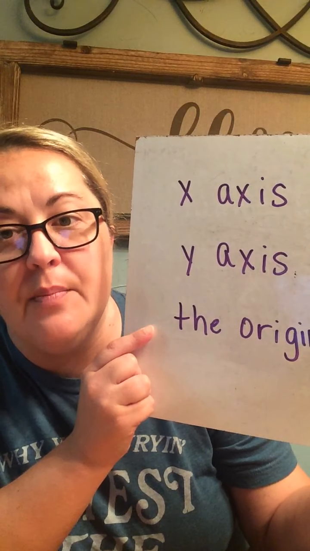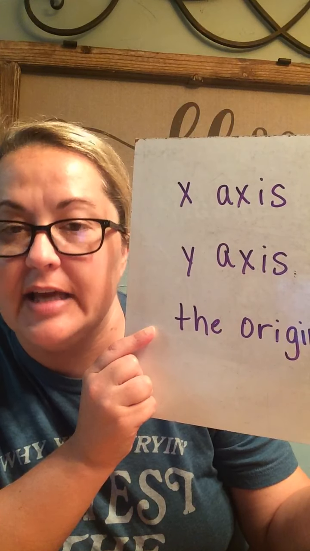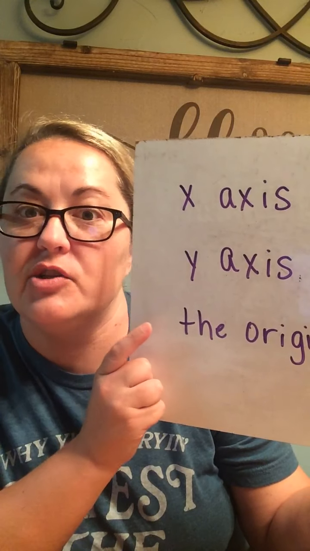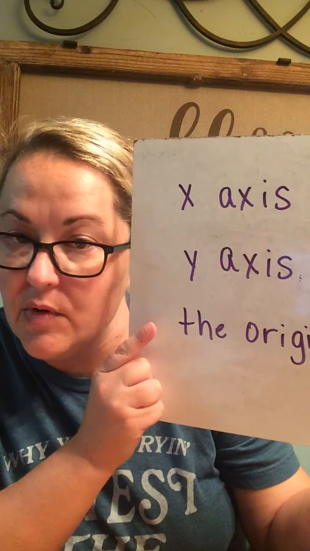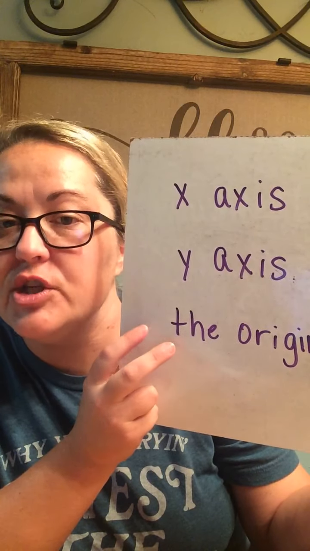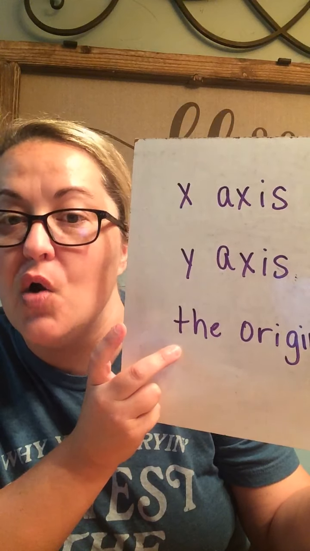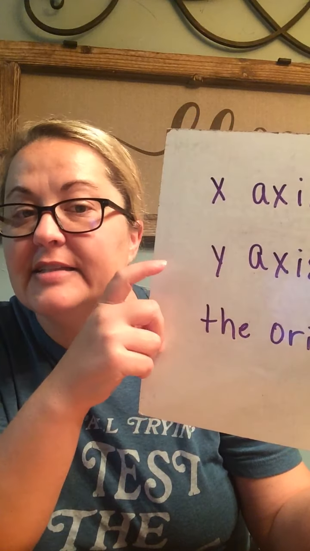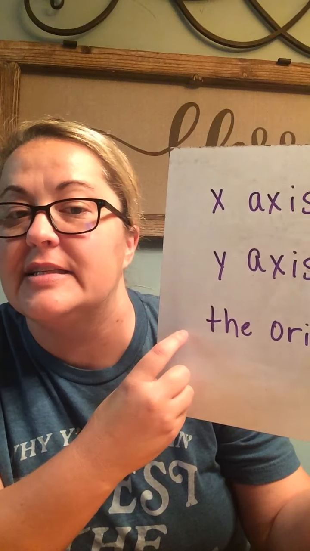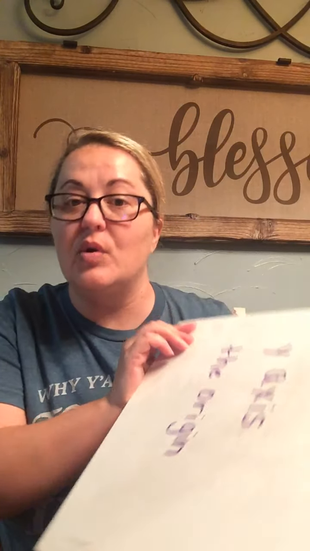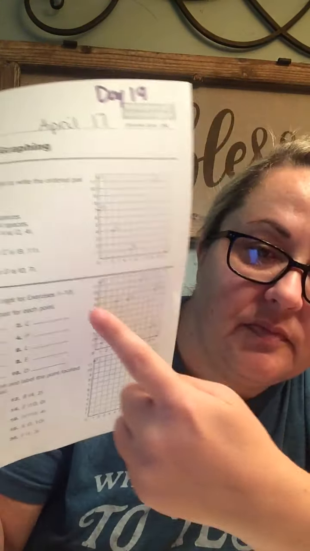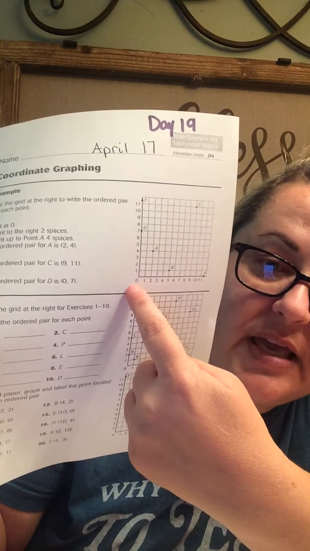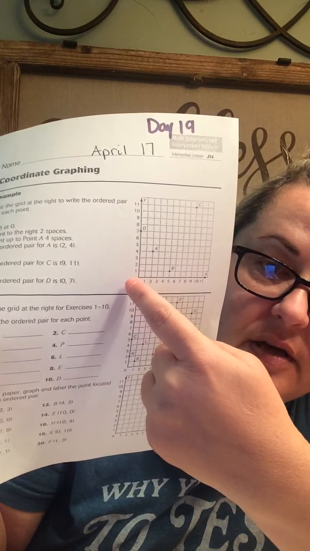When you think about numbers and you had to count, you would go all the way back to what? 0, okay? The origin is where both the x-axis and the y-axis have a value of 0, all right? So when we're looking at this page right here, this would be the origin.